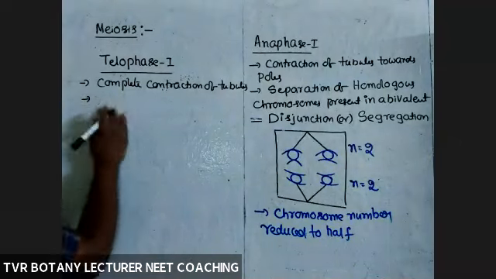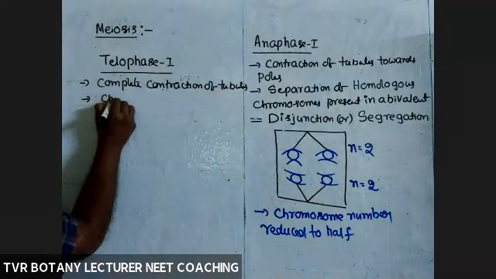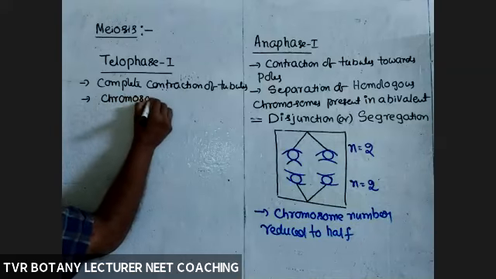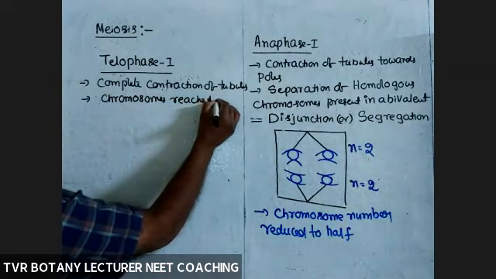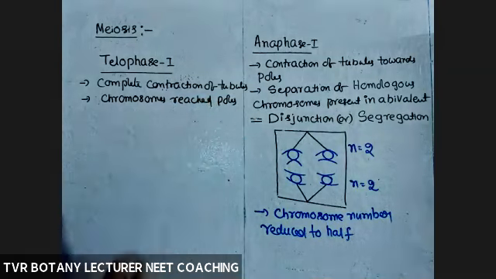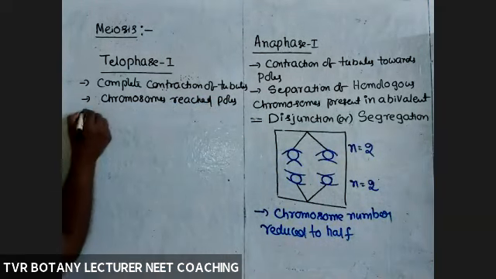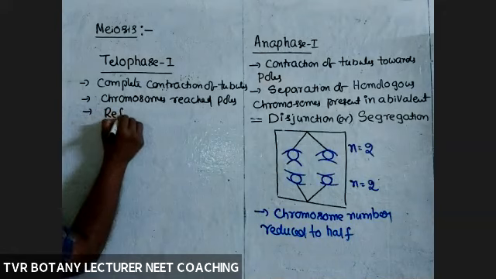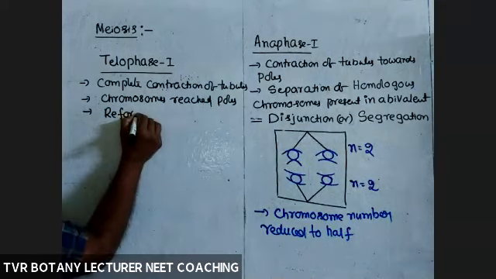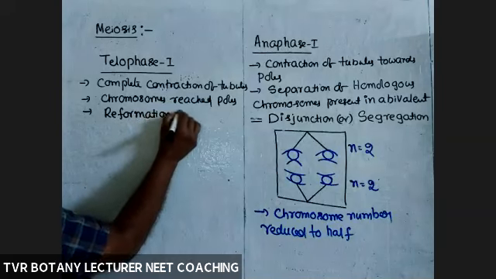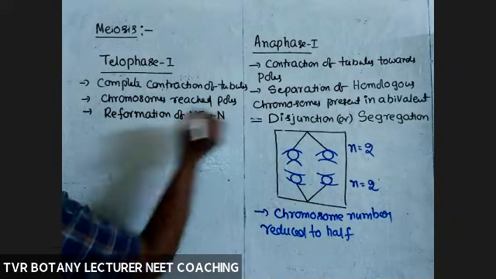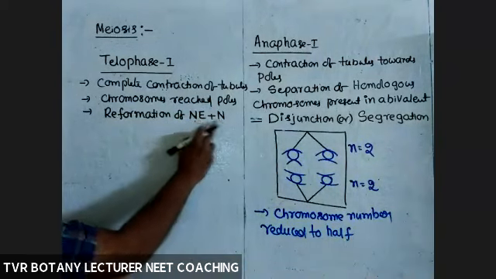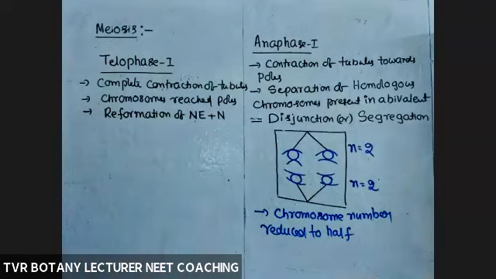Now, chromosomes reached poles. Next, reformation or reorganization of nuclear envelope plus nucleolus. NE is nuclear envelope, N is nucleolus, reappearance of a nucleolus and nuclear envelope.